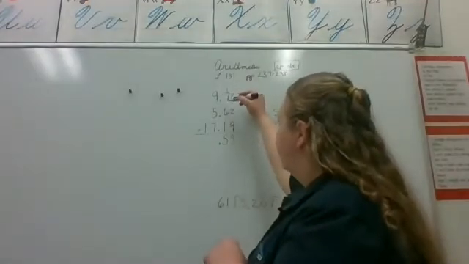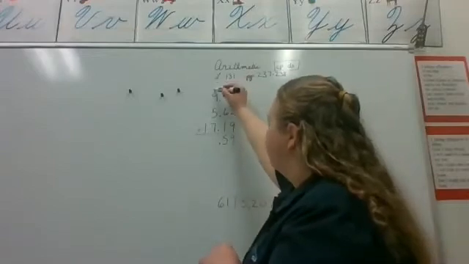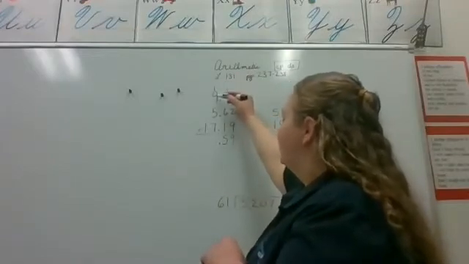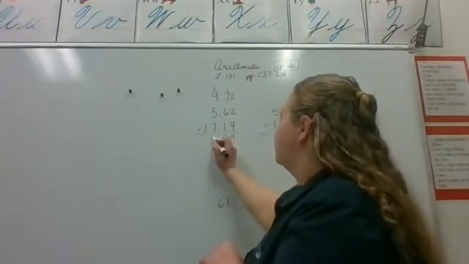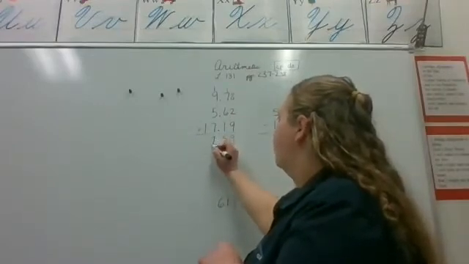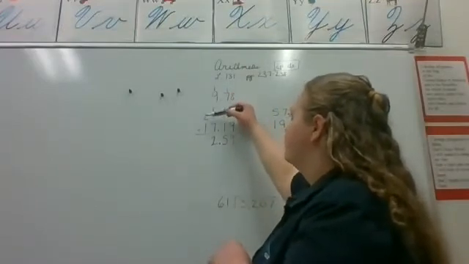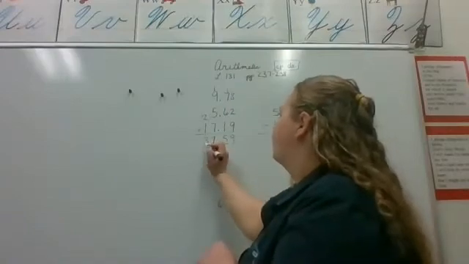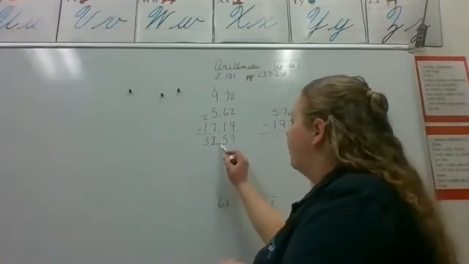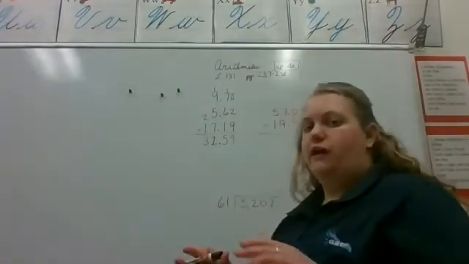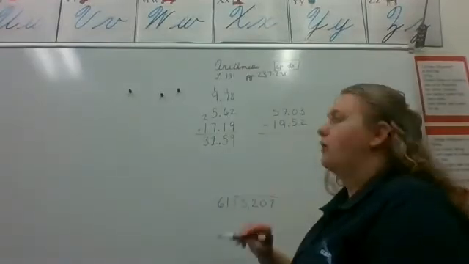Then we start again, and we have 1 to carry because we were at 15. So 1 plus 9 is 10, plus 5 is 15, plus 7 is 22. And we're going to carry the 2. And we don't have any numbers here, so it's just 2 plus 1, and we get a 3. So 32.59. And so we want to make sure that we just leave that decimal right where it is, so that we get the right answer.